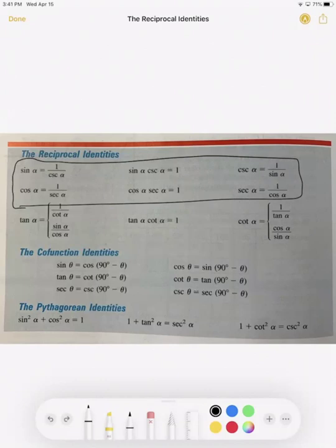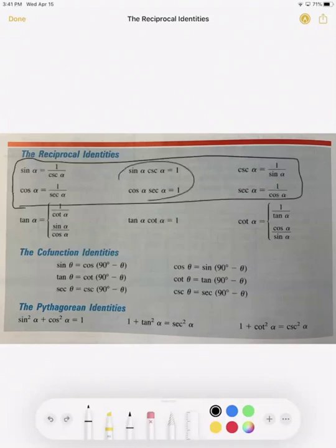You know that sine and cosecant are reciprocal functions. Likewise, on the far right, the cosecant of alpha is 1 over the sine of alpha. Now, if we go down to the next line, we have the cosine of alpha is 1 over the secant of alpha, and to the far right, the secant of alpha is 1 over the cosine of alpha. So you know those. That is not a problem.